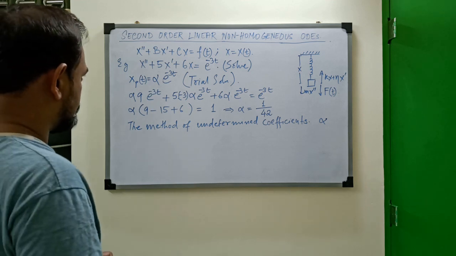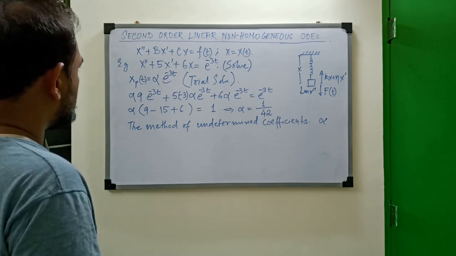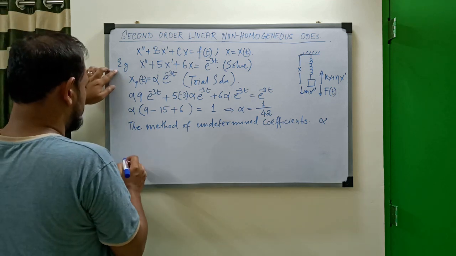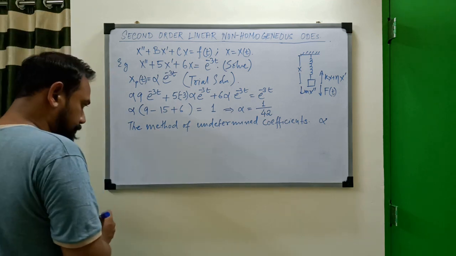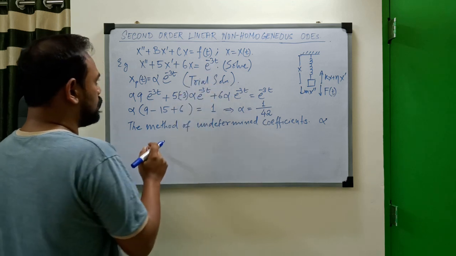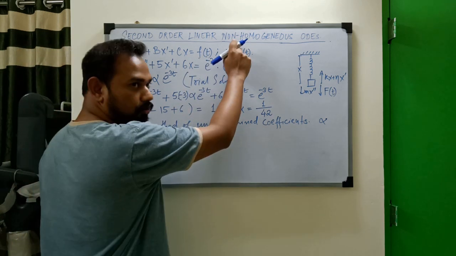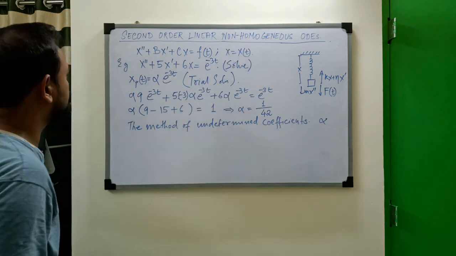We conclude that, say, we have a general type of equation where the input, the right-hand side, the non-zero input, because it's non-homogeneous, is an exponential.